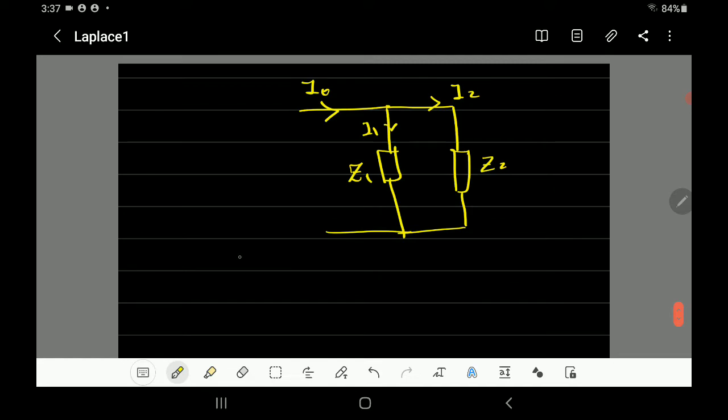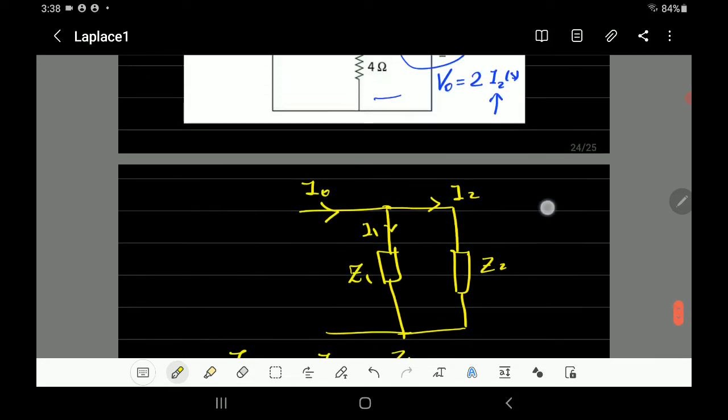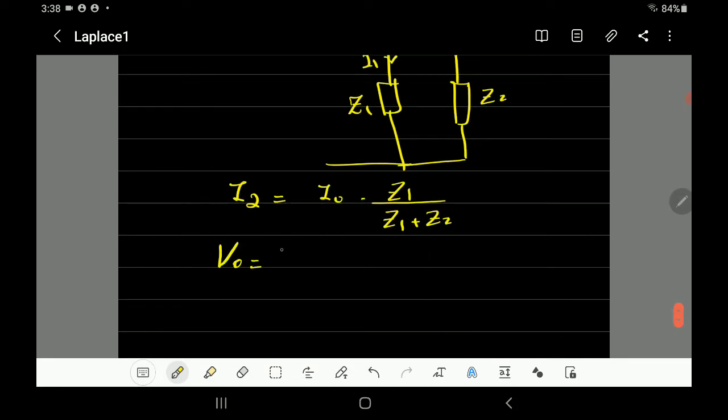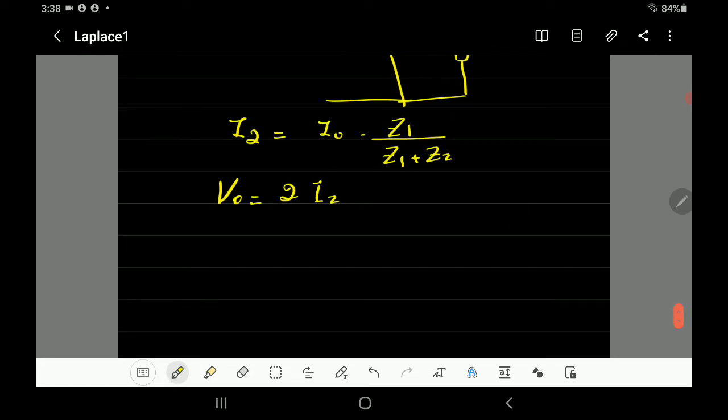According to current division, I2 is equal to I naught, the total current going to the node, times the opposite impedance, Z1, over the sum of both. That's I2. Once you get I2, you can just multiply it by 2 to give V output. It's required to find the transfer function, the output voltage V0 divided by I naught.